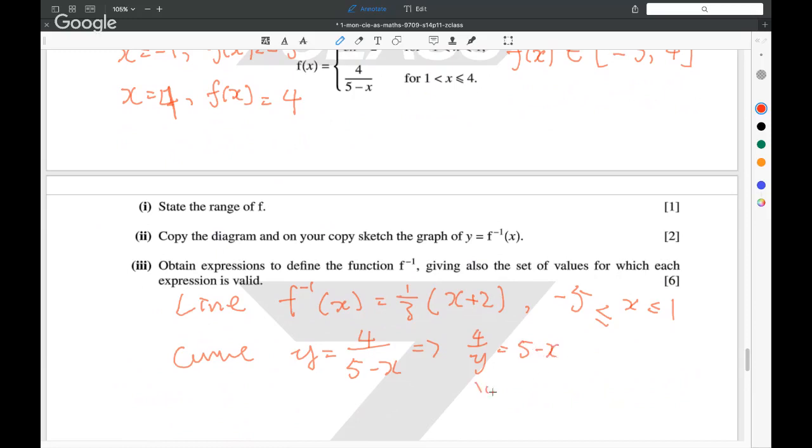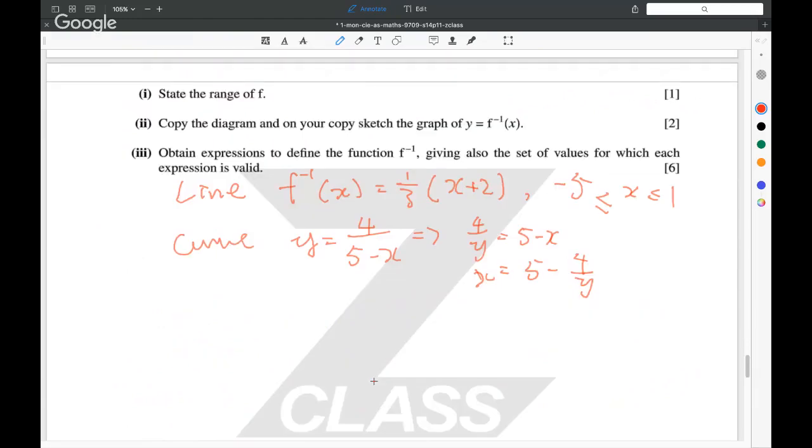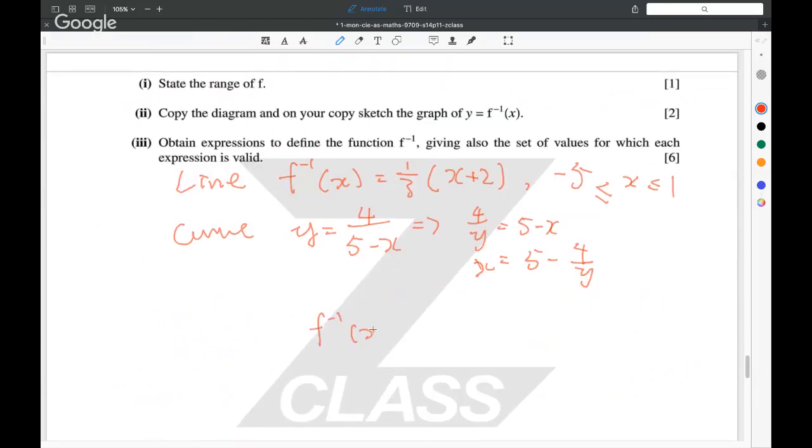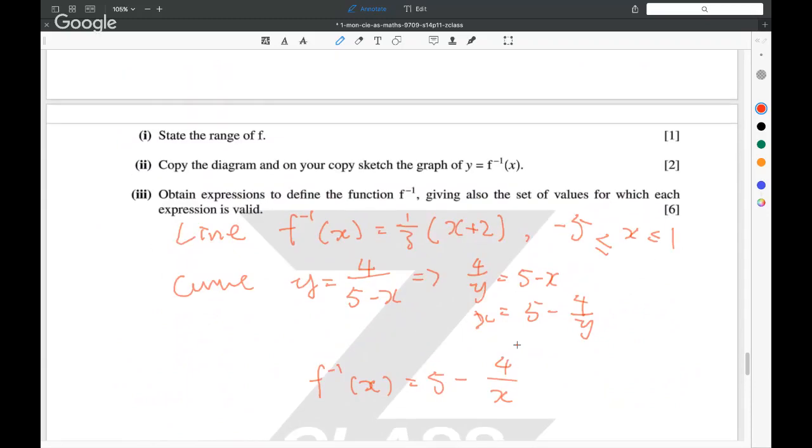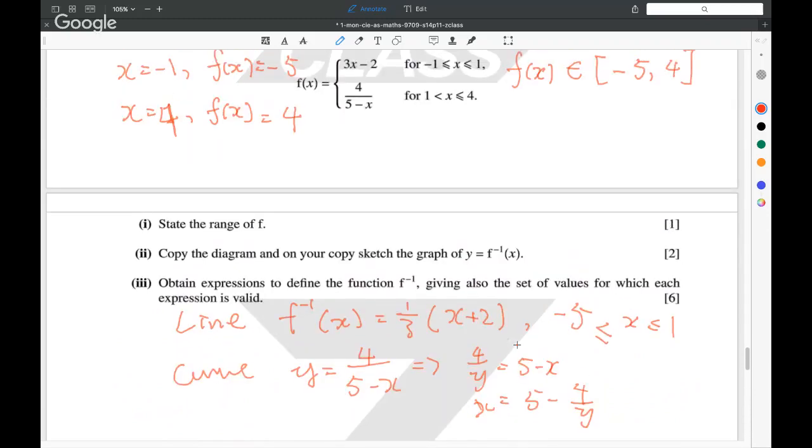So x is equal to 5 minus 4/y. So the inverse function would be 5 minus 4/x. And now the domain of the inverse function is the range of the original function.